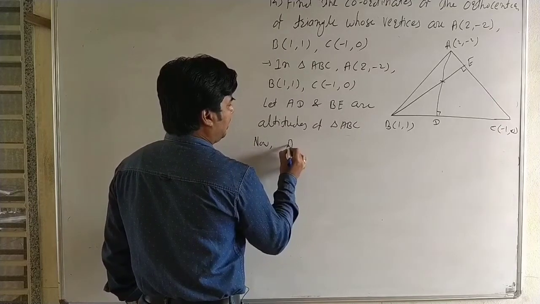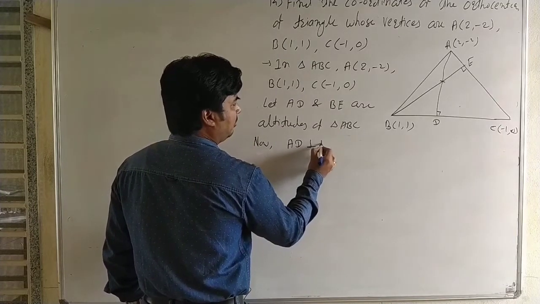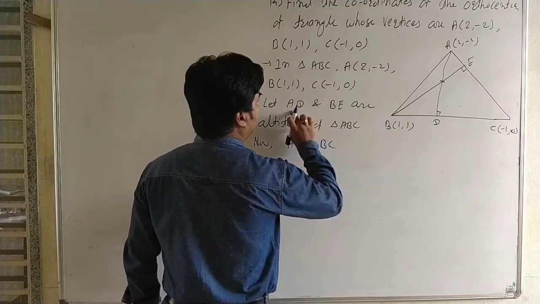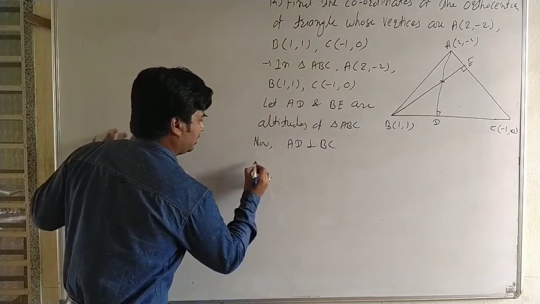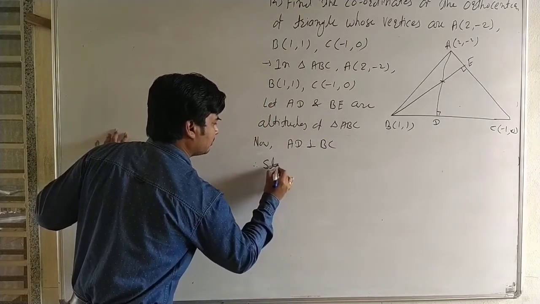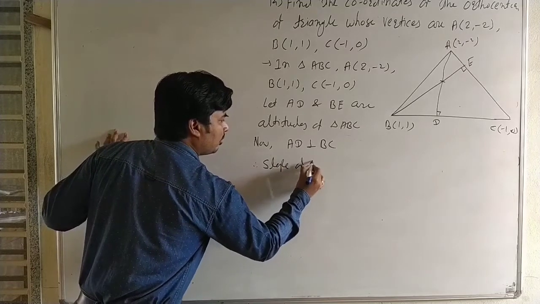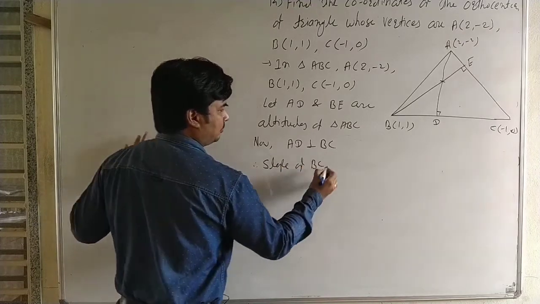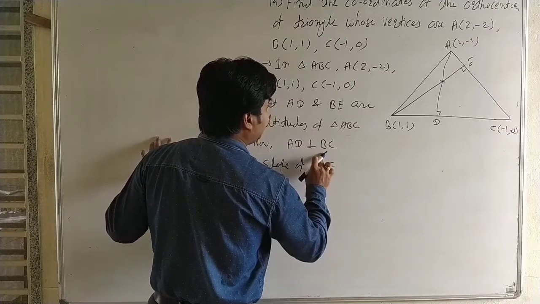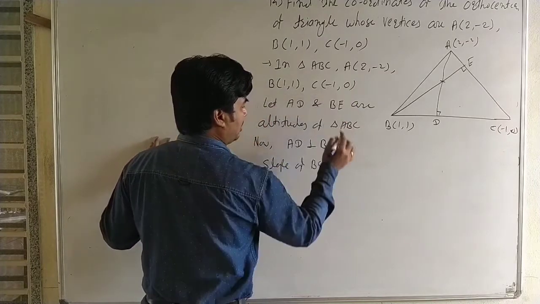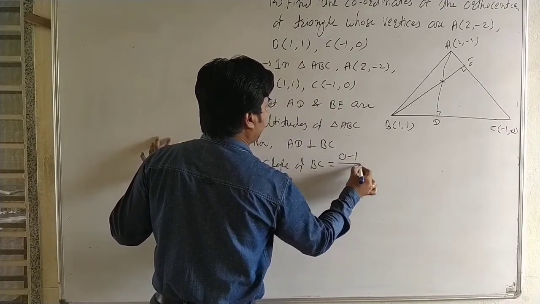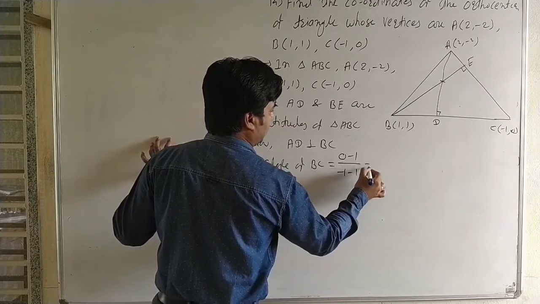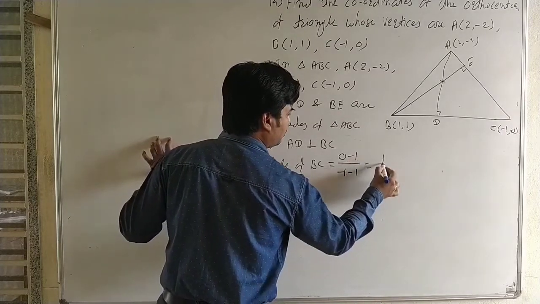Now AD is perpendicular to BC. The slope of BC is (y2 minus y1) upon (x2 minus x1), which is -1 upon -2, that is 1 by 2.